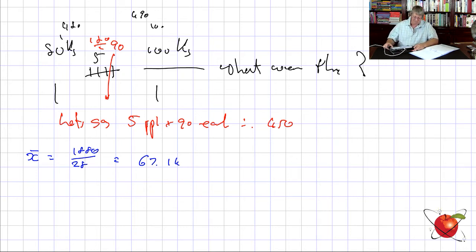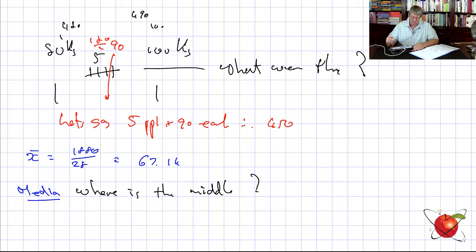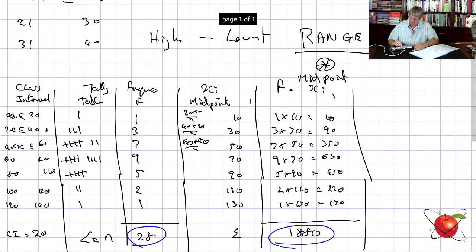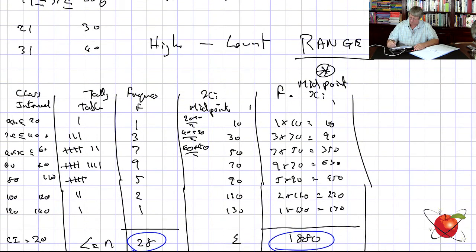What is the median? The question we're asking ourselves here is, where is the middle? How do you find the middle of all of this data here?